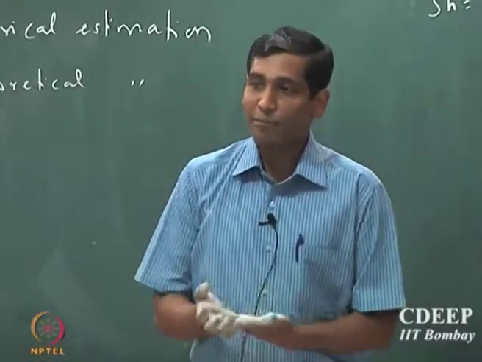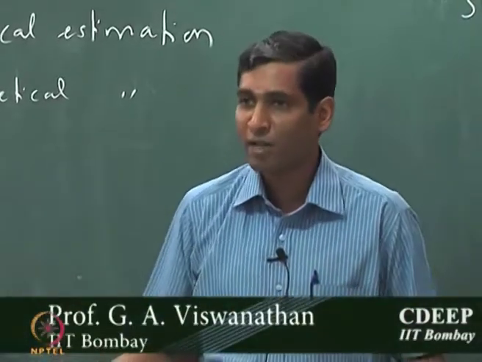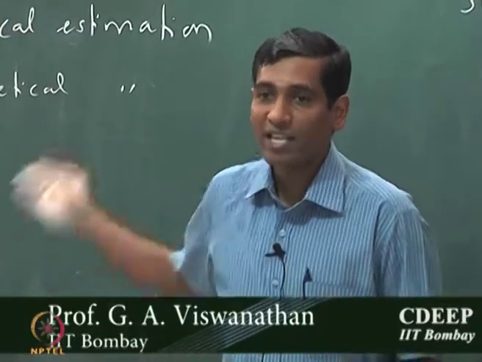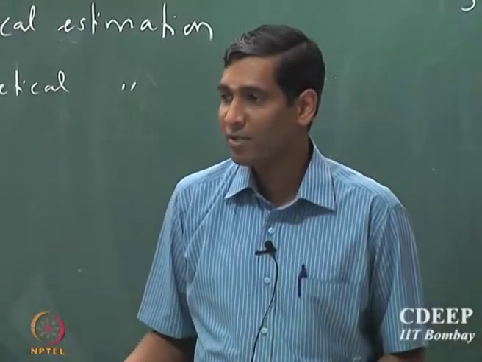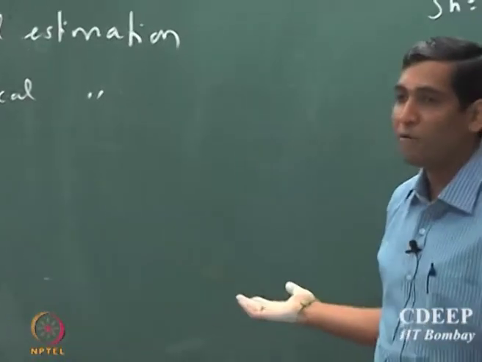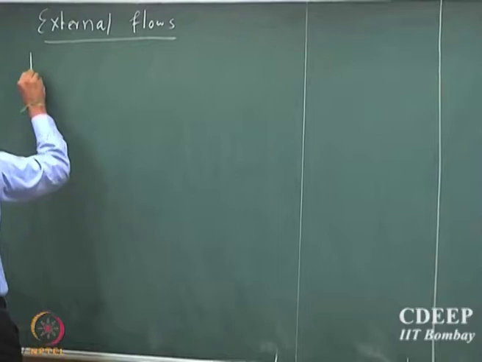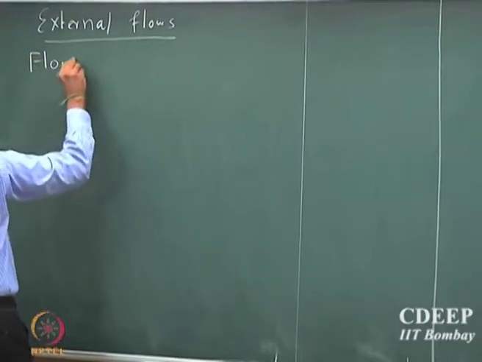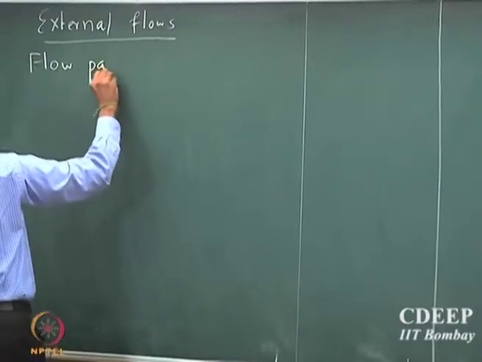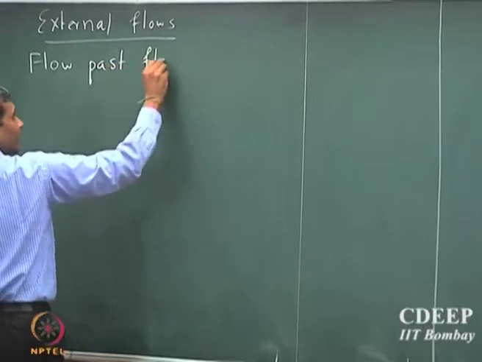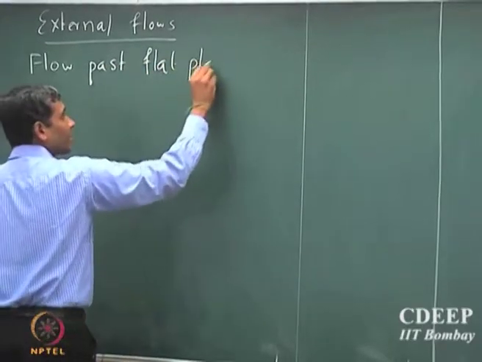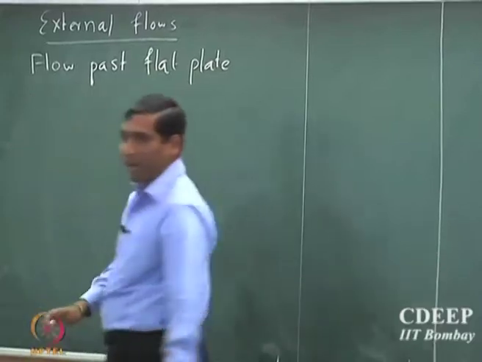It's possible that in some cases you will have to solve the full equations and generate these gradients at various properties. In some cases you may be able to find the gradients directly. So let's start with the case of flow past a flat plate.